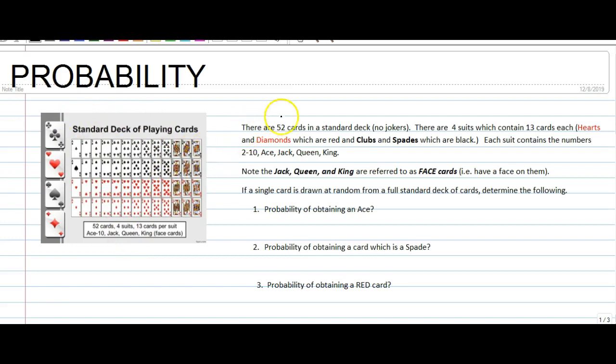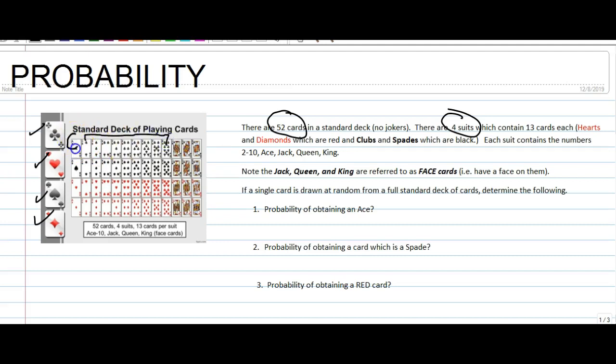A standard deck of cards contains 52 cards, and there are 4 suits. The suits are clubs and spades, which are black, and hearts and diamonds, which are red. In each suit, you have the numbers 2 through 10.